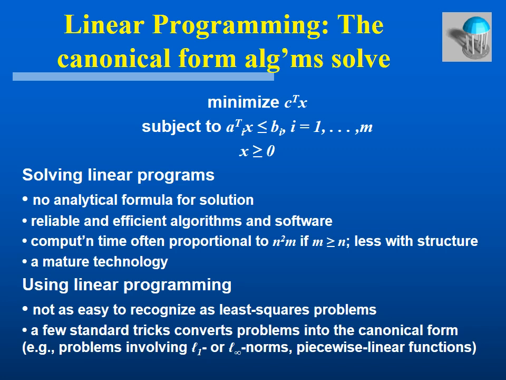If it's greater than or equal to, we will see that we can transform this into less than or equal very, very simply. And we're assuming that all the optimization variables are necessarily non-negative. And again, we can transform the problem in a way we will describe if that's not the case.